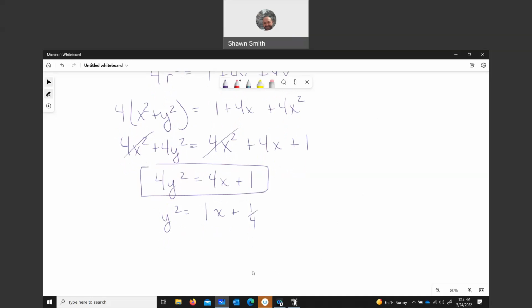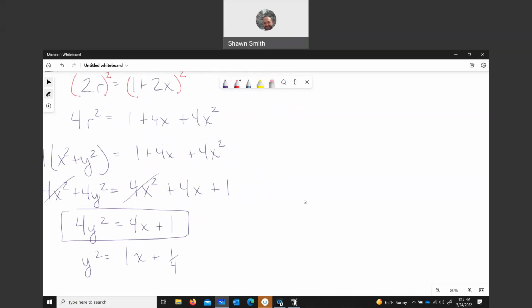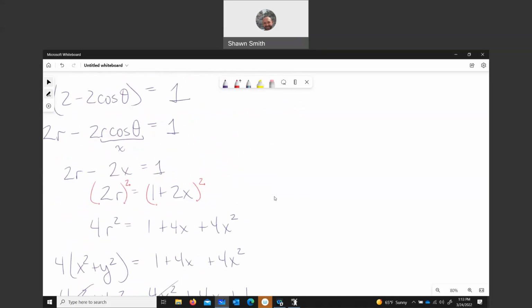So that's pretty good. If you wanted to put this in the calculator, you would do y is equal to plus or minus the square root of x plus 1/4. So you see both halves or branches of that parabola. So if you see it starting off in this format, r is equal to ep over 1 minus e cosine, or sine, whatever one it is, just cross multiply.